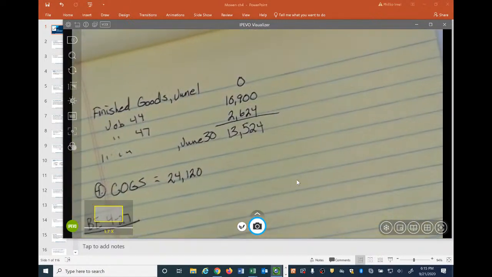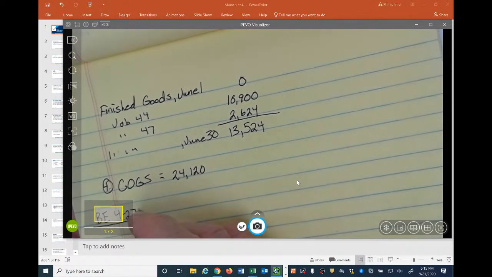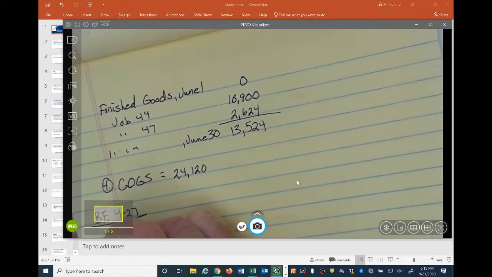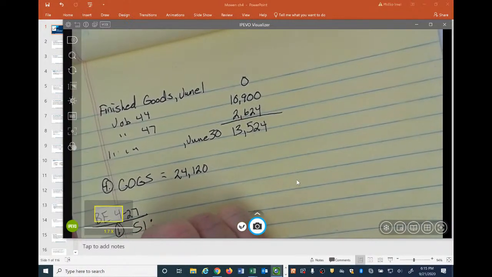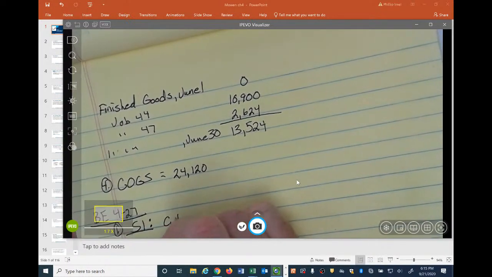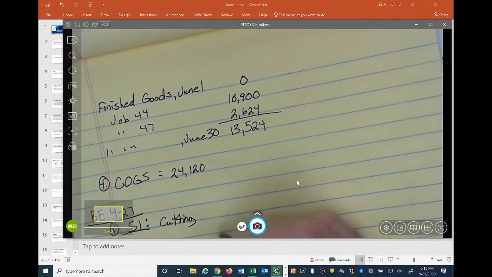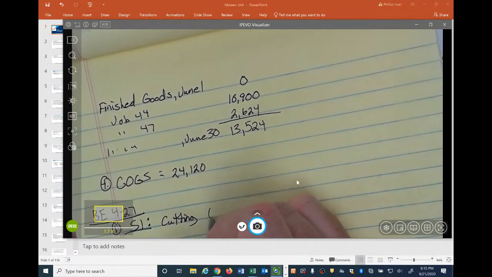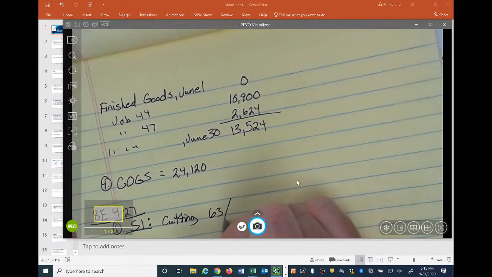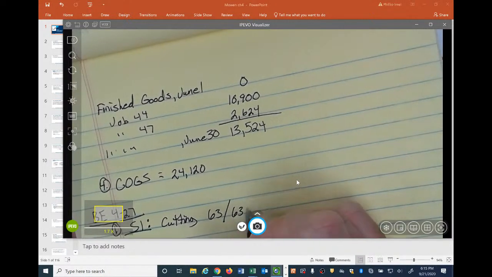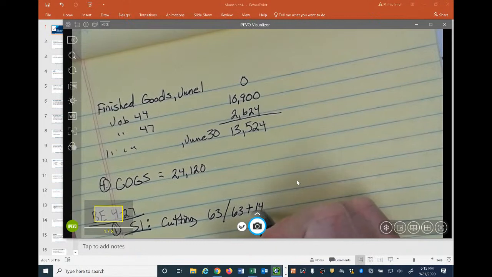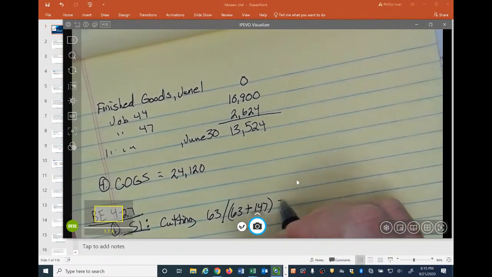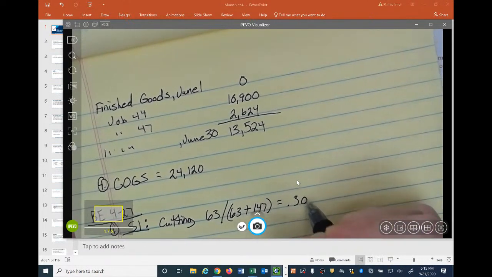So let's see. For cutting, this would be number 1, and this is for S1. We'll start with cutting. So it's going to be 63 divided by 63 plus 147, and that gives us 0.30.